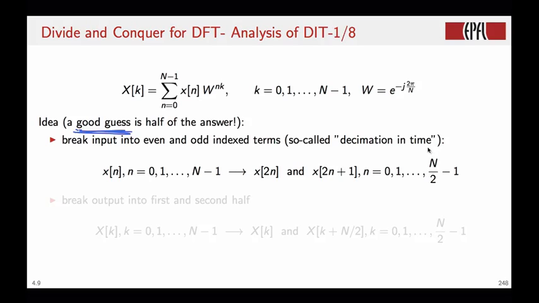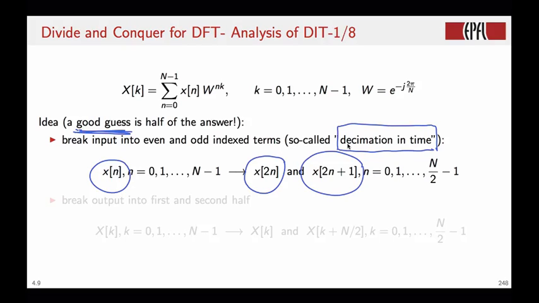That's why this is called decimation in time, like we have seen in certain operations in signal processing on sequences. So we take the sequence and we derive 2 sequences, x of 2n and x of 2n plus 1.